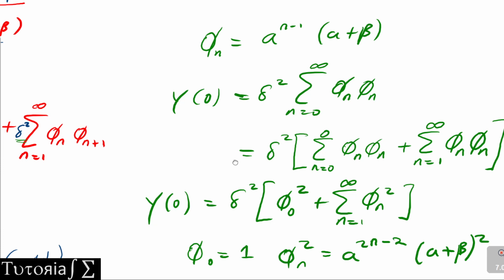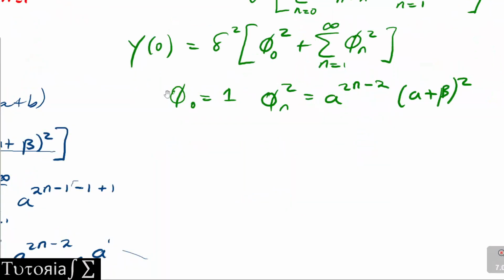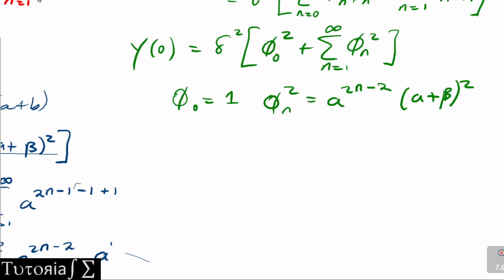I'm presuming you know how to square. You can ask on that. So squaring, basically we have phi n, which is a to the power n minus 1 squared. So we square both parts, and the power multiplies with the power there, so it becomes 2n and 2n minus 1. Basically that is what we mean when we square.